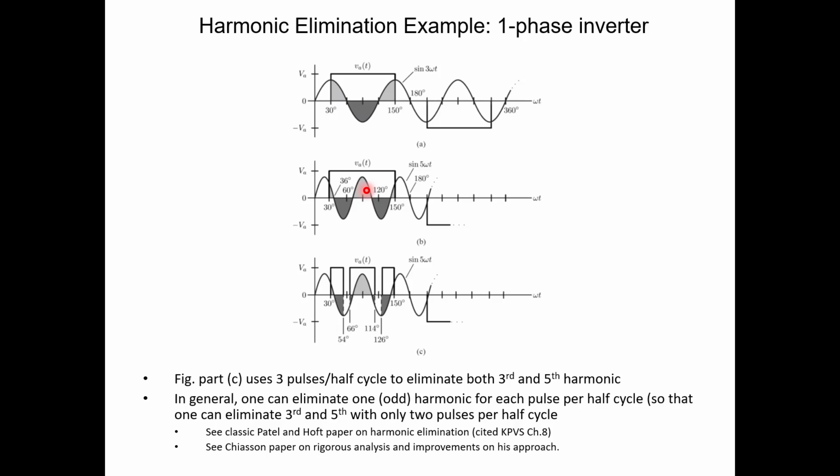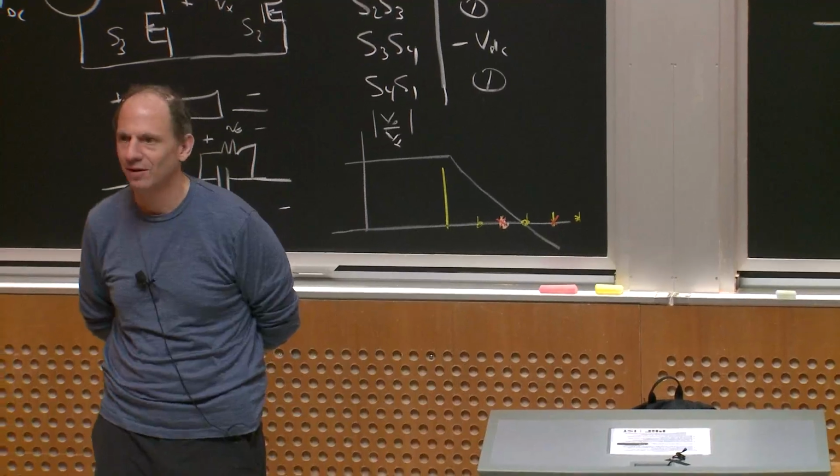But if I then put in my nulls right here, centered about 60 degrees, it turns out if I use capital delta being 12 degrees, I can make the negative area exactly cancel the positive area and kill the fifth harmonic. So if I use this waveform, which is again half wave symmetric, it has 3 pulses in each half cycle instead of 1, and I could not only keep the third harmonic killed, but also kill off the fifth, which would leave the lowest harmonic, the seventh.